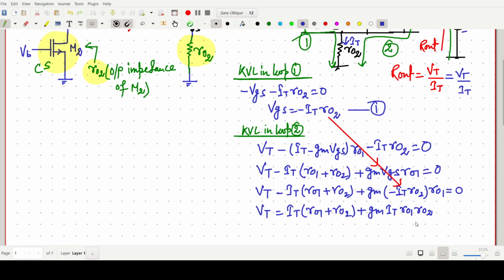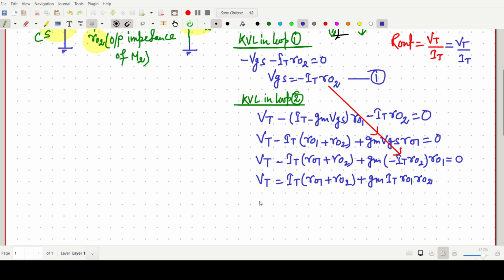Once again we write VT, and if we take IT common, one can write r_o1 plus r_o2 plus gm r_o1 r_o2.